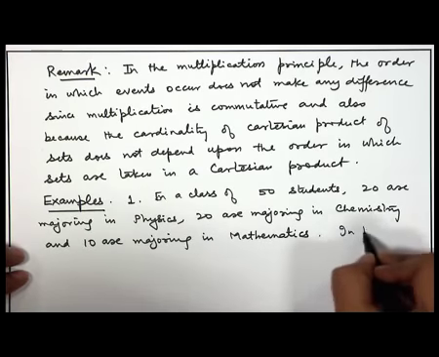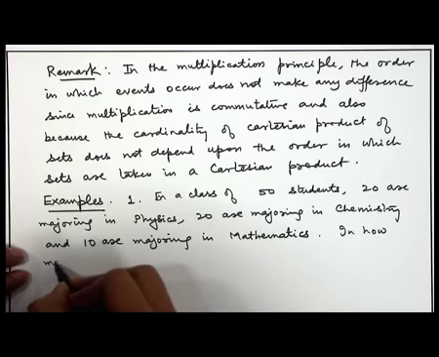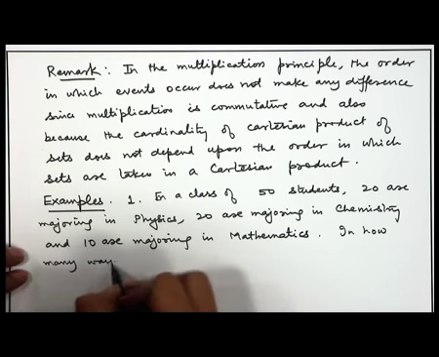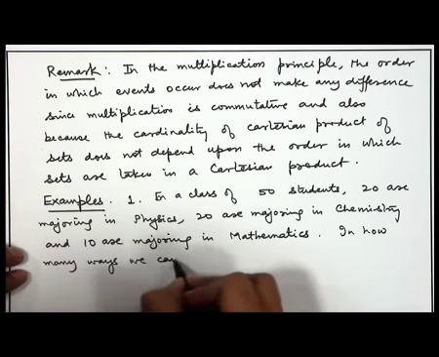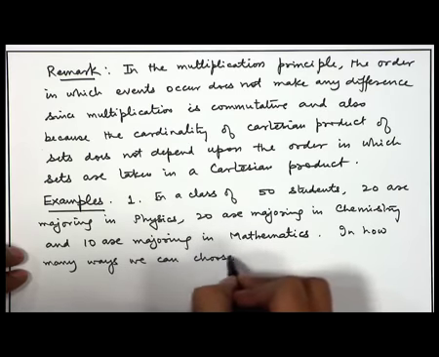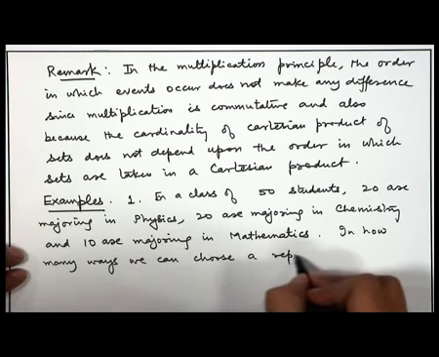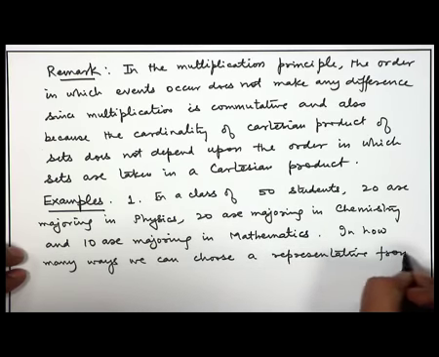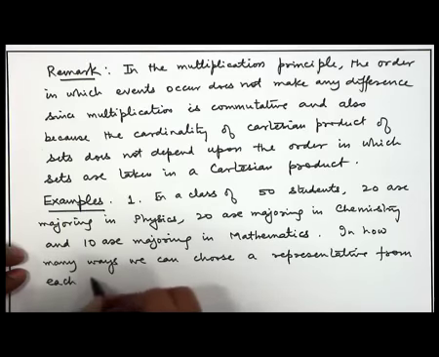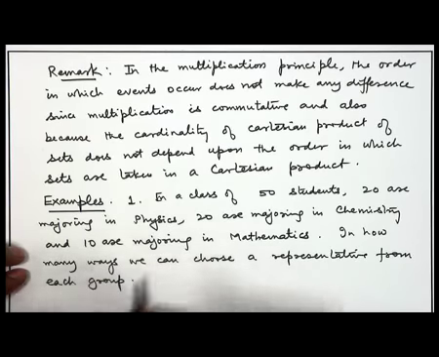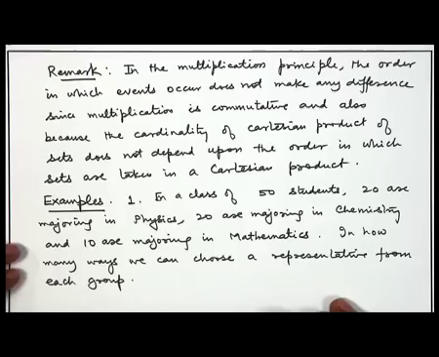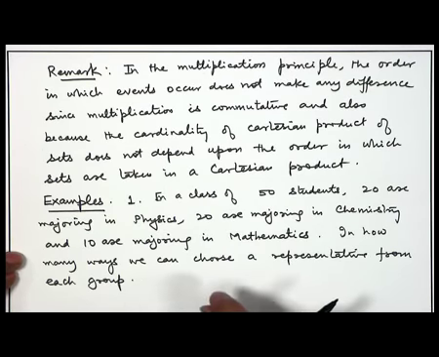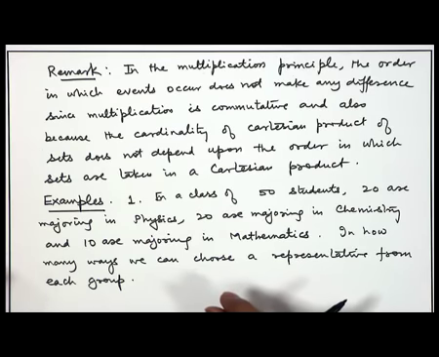So, in how many ways can we choose a representative from each group? So, we want to have 3 representatives in such a way that one is from physics, one is from chemistry, and one is from mathematics.